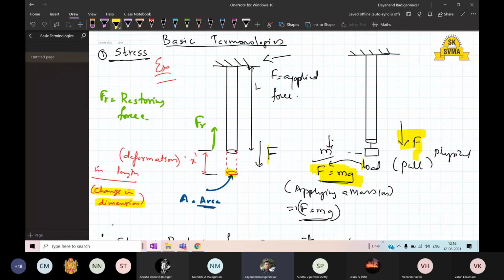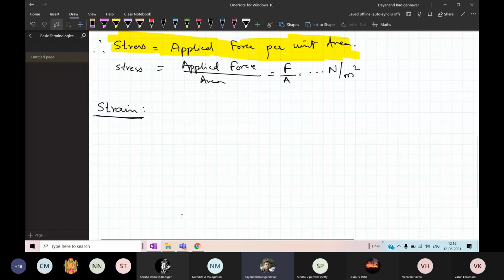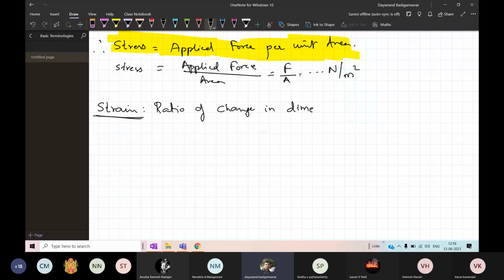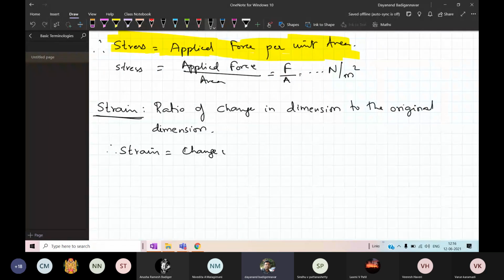You're getting the point. So therefore, I can define the strain as a ratio of change in dimension to the original dimension. This is how I define the strain. Therefore, strain is change in dimension to the original dimension.